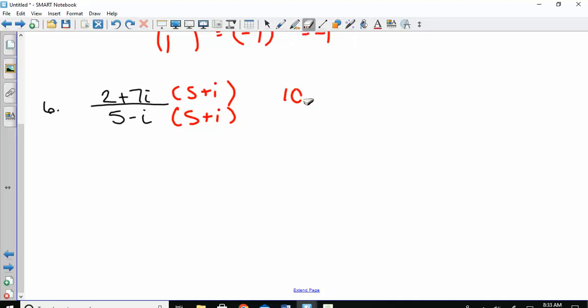There you go. So we get 10 plus 2i plus 35i, and that's plus 7i squared, which turns into negative 7.